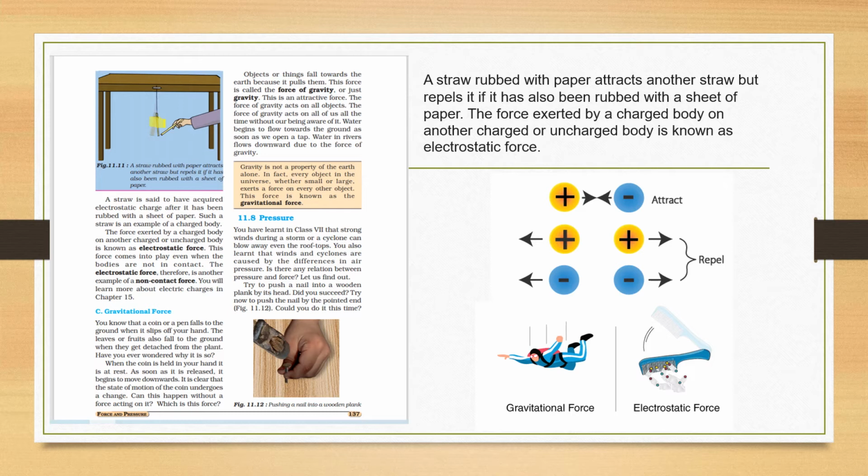Why? Because when only one is charged, they attract each other, and when both are charged, they repel each other. So this type of force, the force exerted by a charged body on another charged body or uncharged body, is known as electrostatic force.